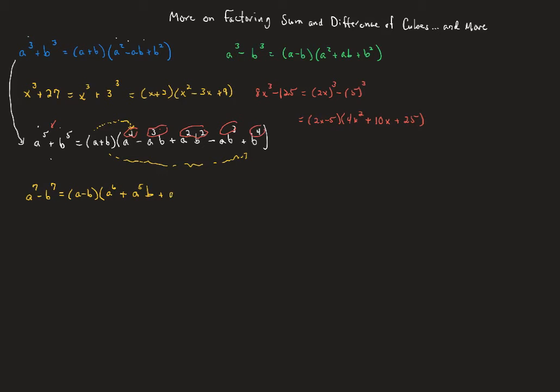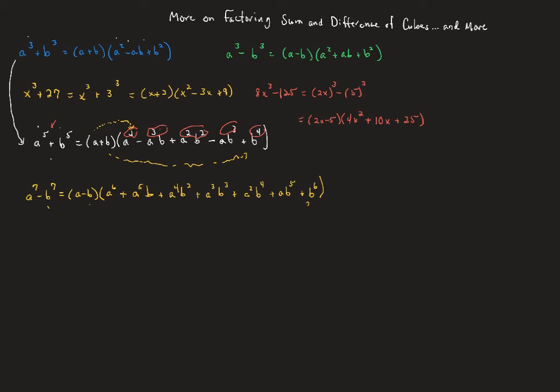And I'm going to continue down in powers of a, up in powers of b, until I get a final term that has no a's in it at all. So here's a to the first and b to the fifth. And then finally the a's are gone and we get only b to the sixth, so that our last b times b to the sixth will get us that b to the seventh.